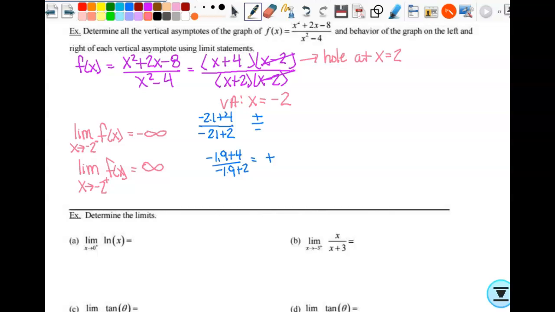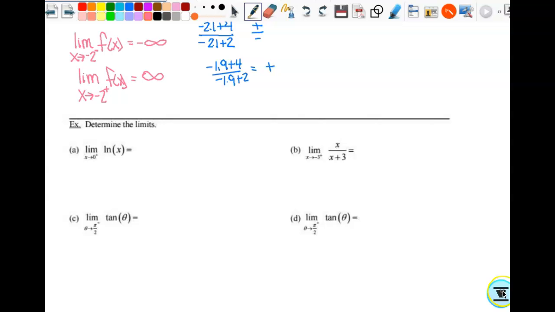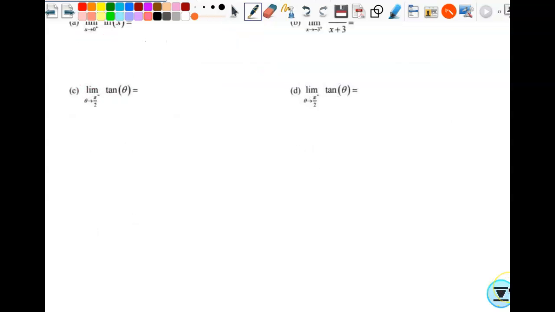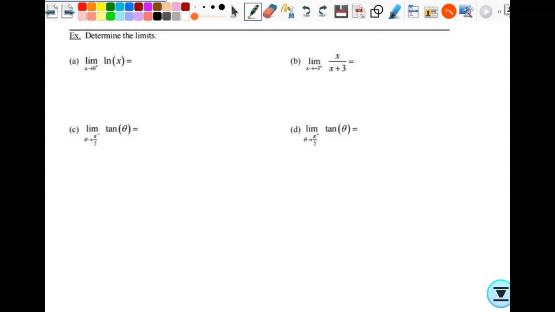All right, so let's look at these. Let's determine these limits. The limit as x approaches 0 from the right of the natural log of x. Well, guess what you have to know for this one? What that graph looks like. You got to know your parent functions. So sketch what you think a natural log graph looks like.